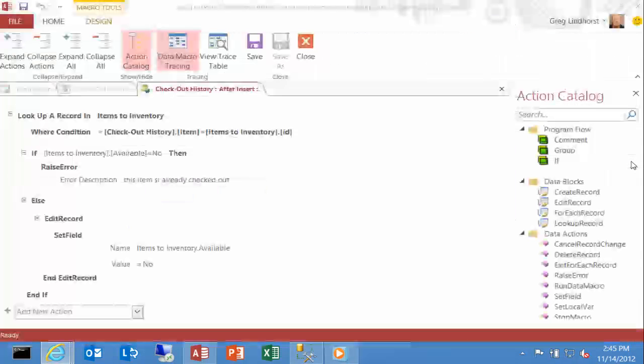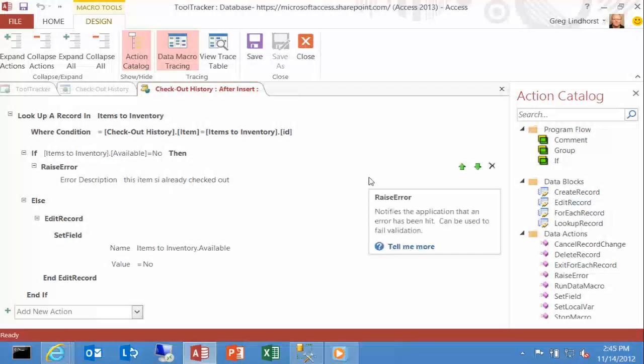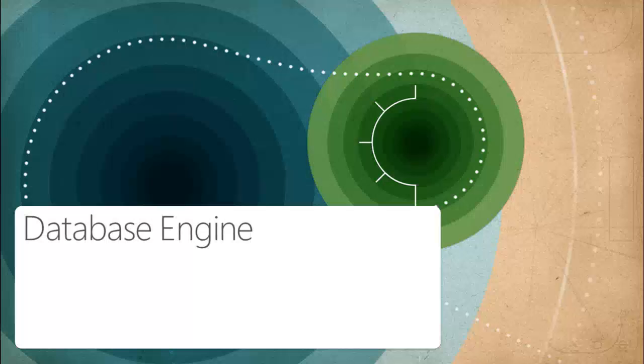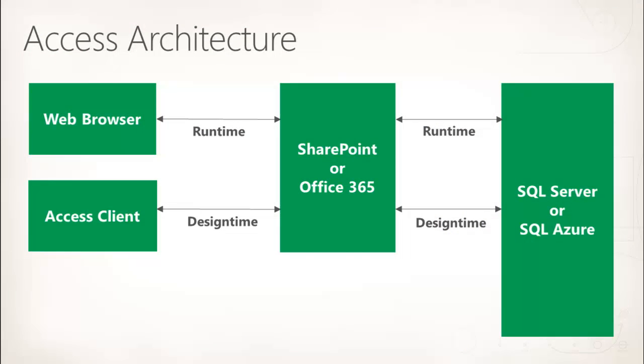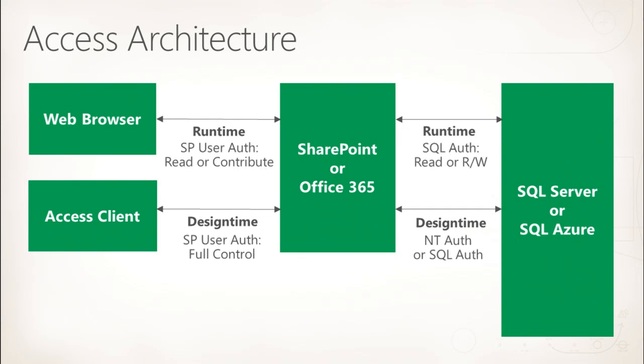Now I'm going to switch over to talking about external data, or exposing data. This is the architectural diagram I showed you previously for Access. I'll talk about a couple other aspects of it. First is authentication. At the interface between the user and SharePoint, we use SharePoint's user authentication. Read rights, contribute rights for read and read write.